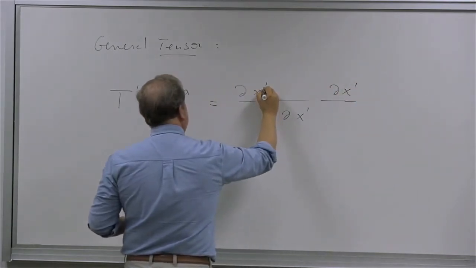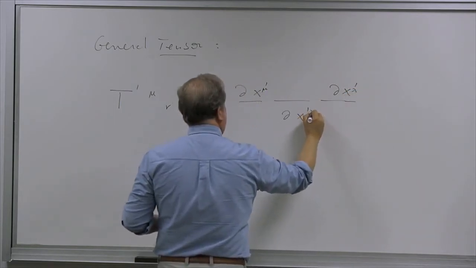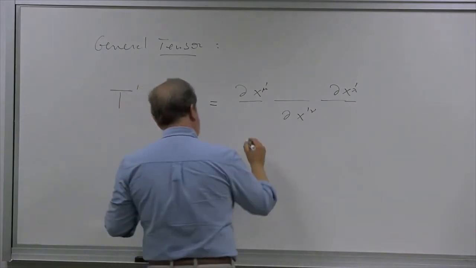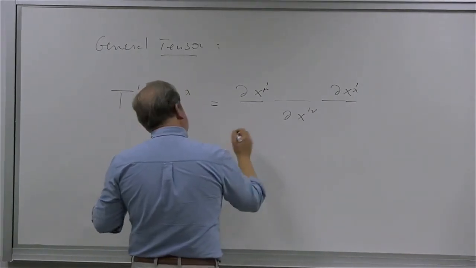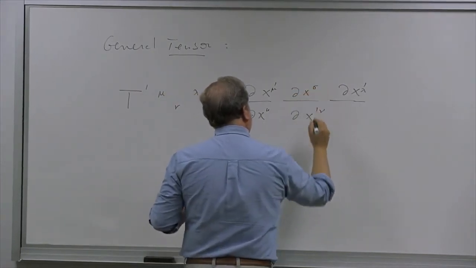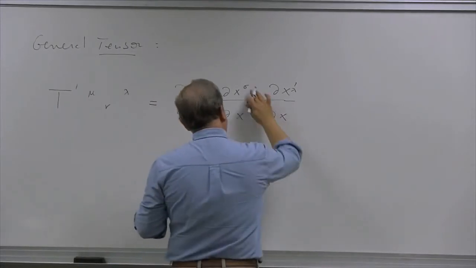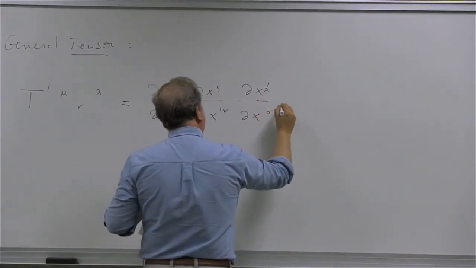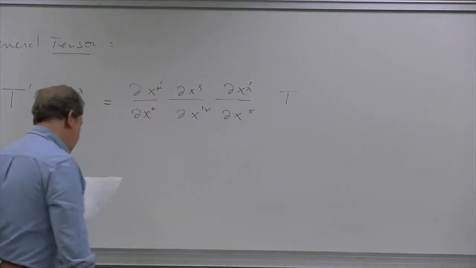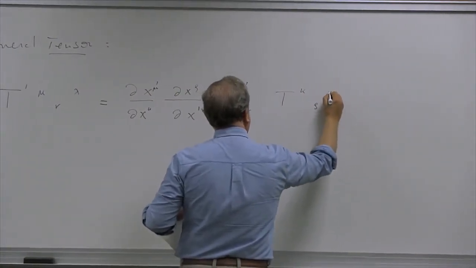Where you have the index mu here, the index lambda there, and you have the index nu here, and then you have to introduce new indices like dx^kappa, right, and dx^rho, and dx^sigma, right, and then times the tensor itself, which will have the same number of indices as the original one, so kappa, rho and sigma.